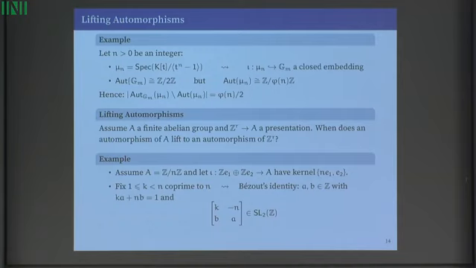Now if you write down this matrix in SL2Z, that's an automorphism of my free abelian group, and that will induce multiplication by k on the quotient. So if you only have one copy of Z, it won't always lift. But as soon as you have 2, then it always lifts.